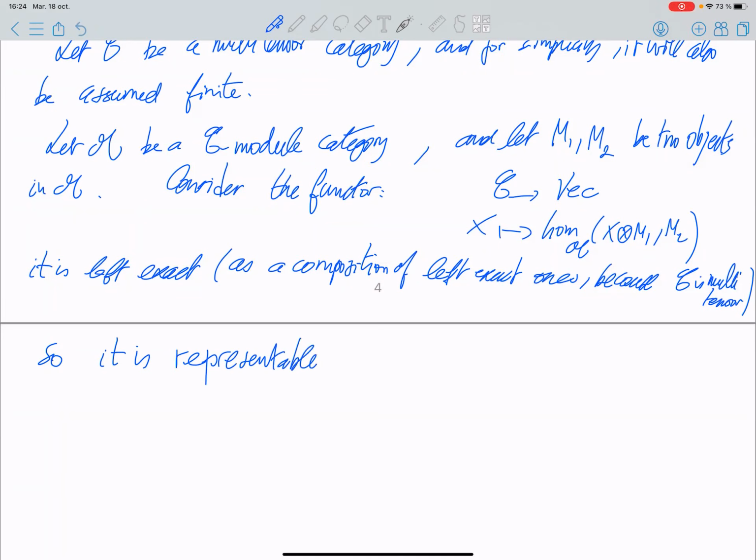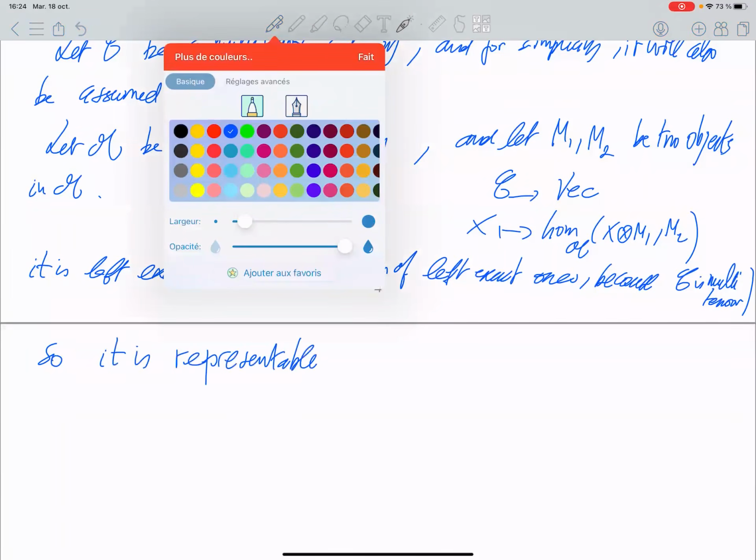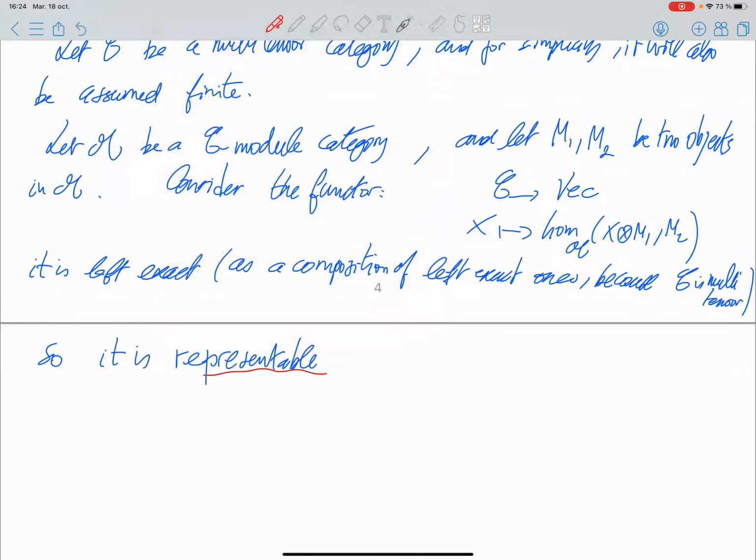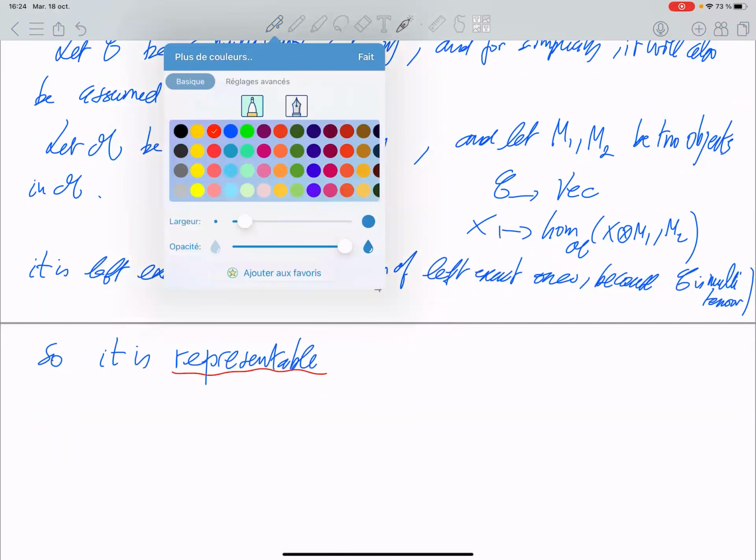And here, in fact, the book doesn't prove anything, doesn't even refer to anything. So I found a reference for that: left exact implies representable in the finite case.